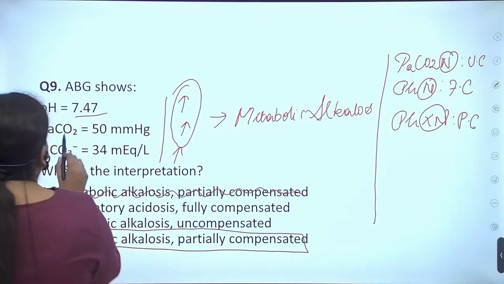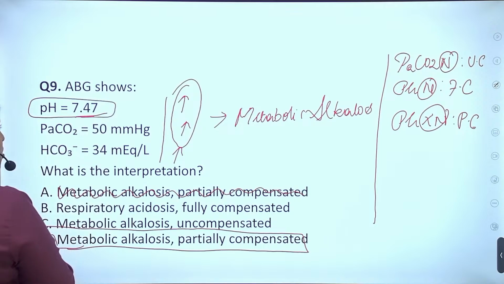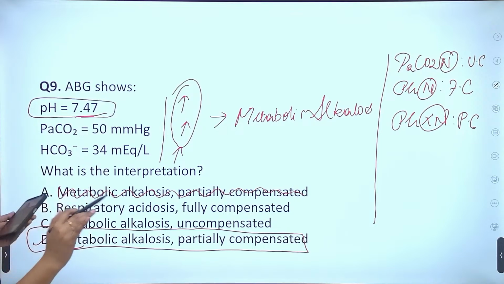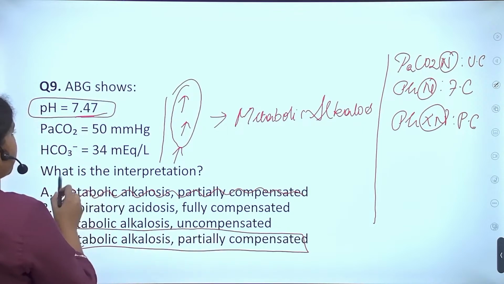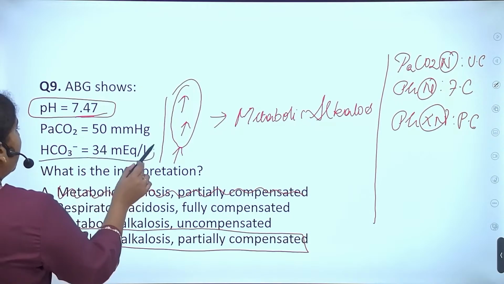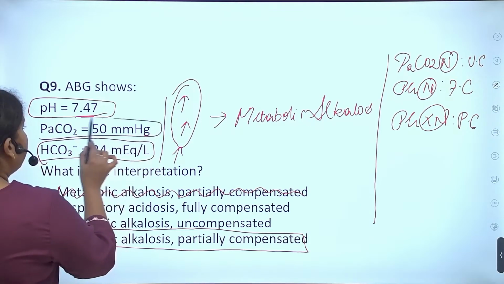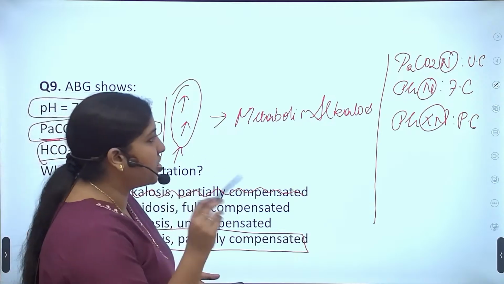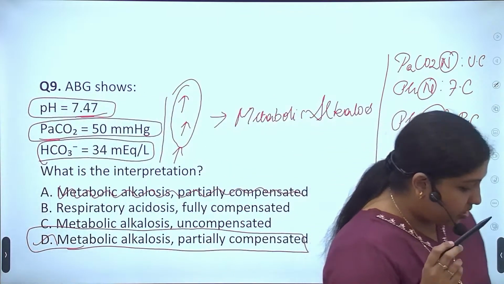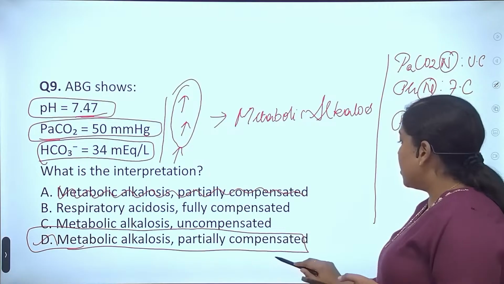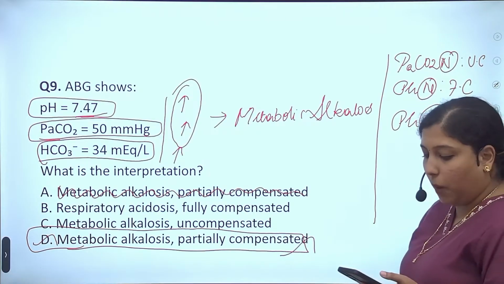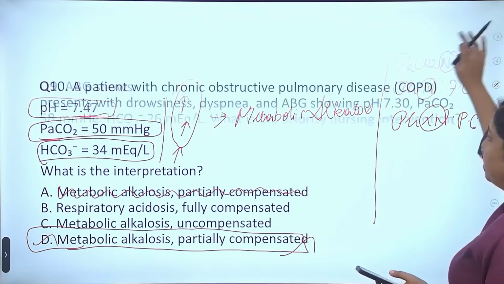The pH is trying to normalize and is coming to a near normal level, which means in the metabolic alkalosis state, the respiratory compensation has been activated. So the correct answer is metabolic alkalosis, partially compensated.